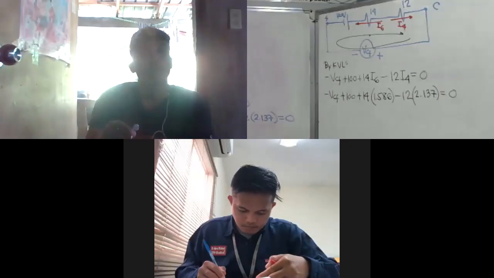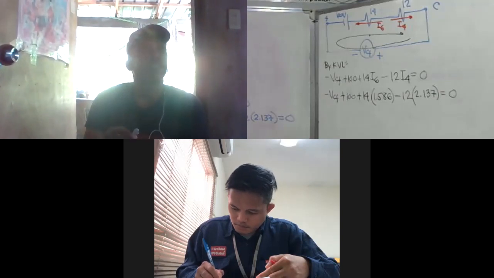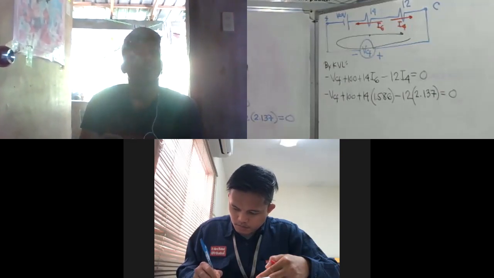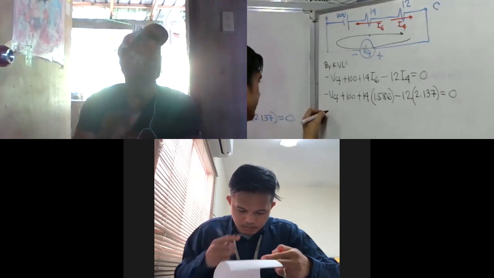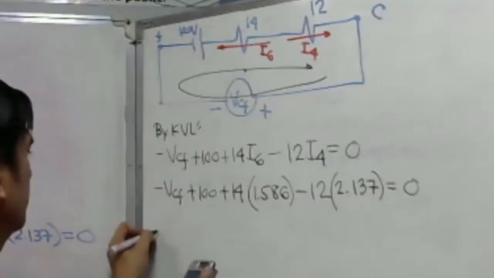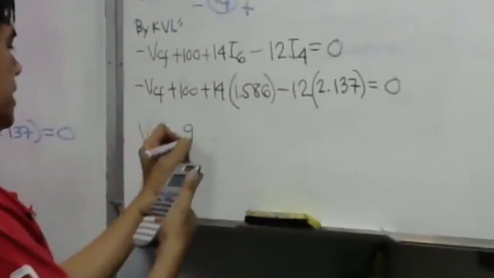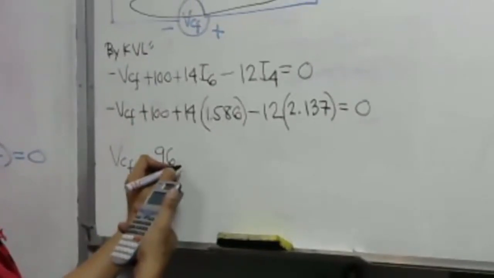So that is equal to 96.56. So our BCF is equal to 96.56.